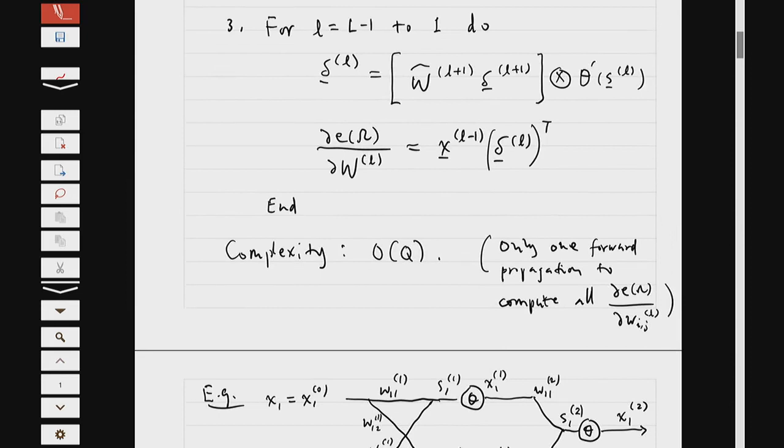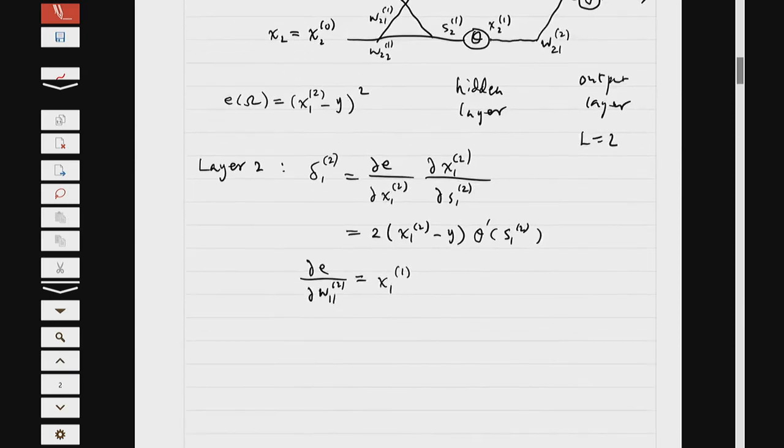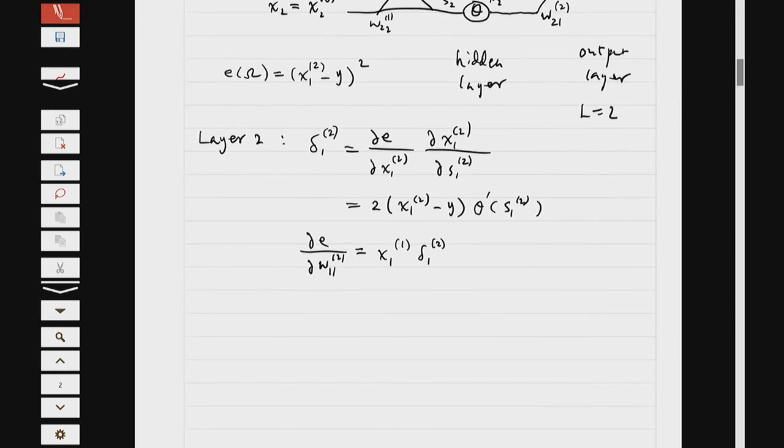Since we only have a single neuron, these vectors are just scalars: x1 of 1, and then delta 1 of 2, just by the formula we derived. And for the second weight, W2,1 of 2, this will be, of course, x2 of 1 times delta 1 of 2.